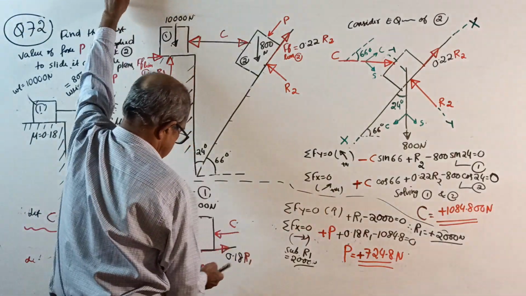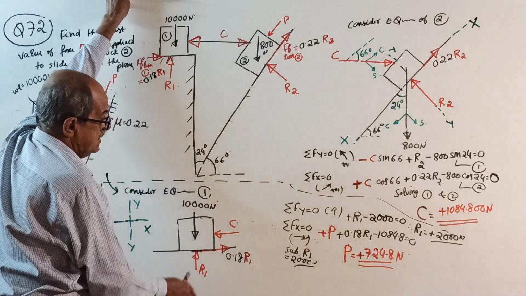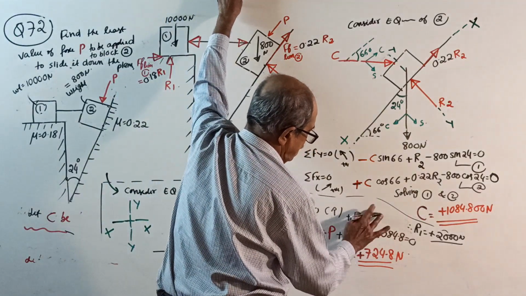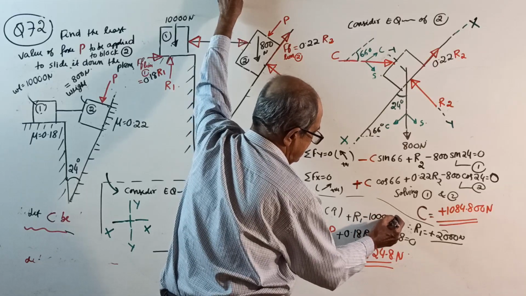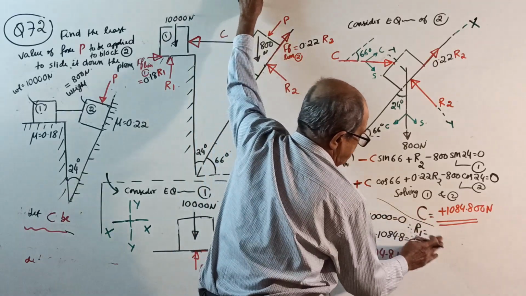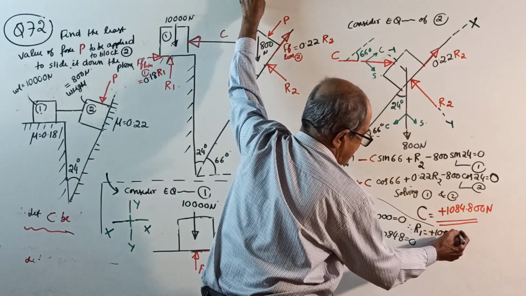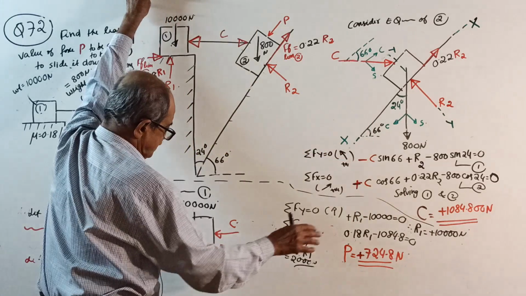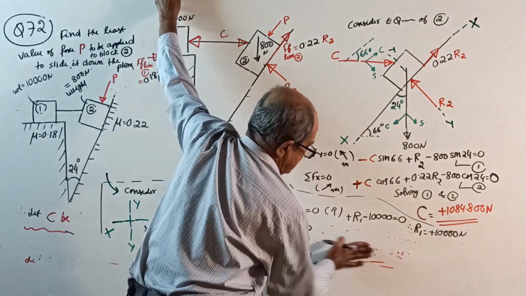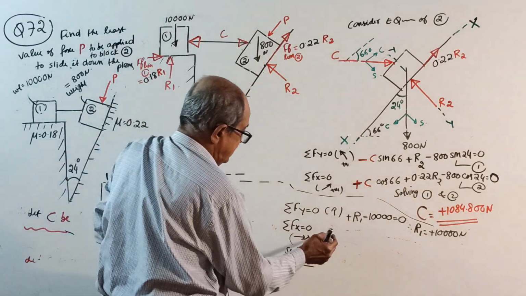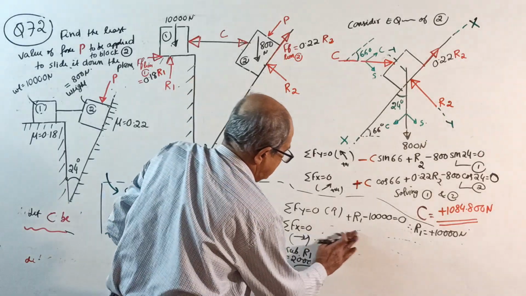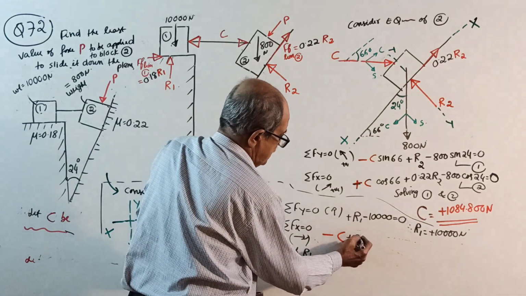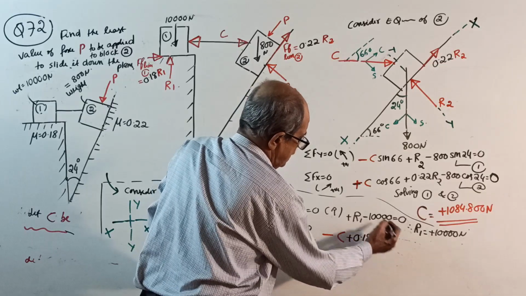Sigma Fy equals 0. This is your X, this is Y. Plus R1 minus 10,000 equal to 0, so R1 will come 10,000 Newton. Sigma Fx equals 0. Making right side positive, you get minus C plus 0.18 R1 equal to 0.